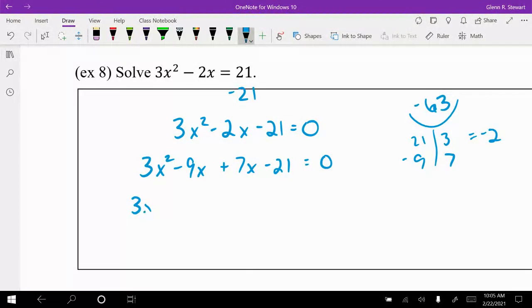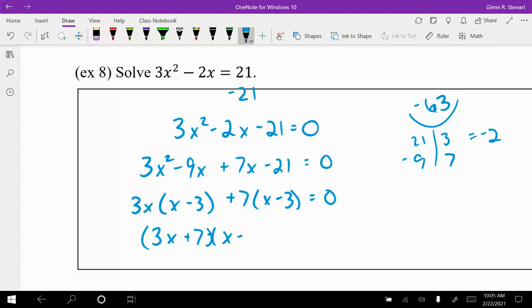So you've got 3x from the first part and a 7 from the second part. So you get 3x plus 7 times x minus 3 equals 0.